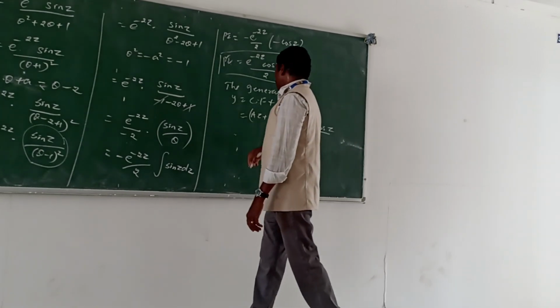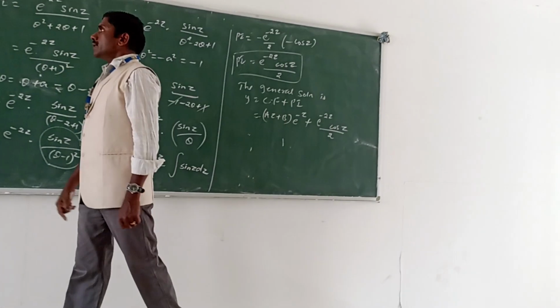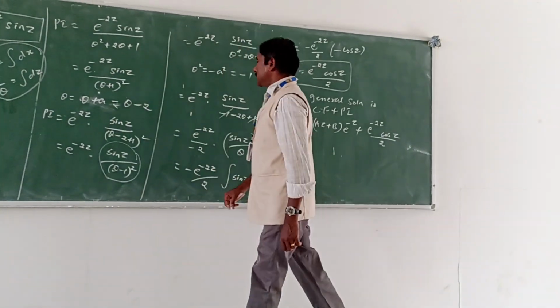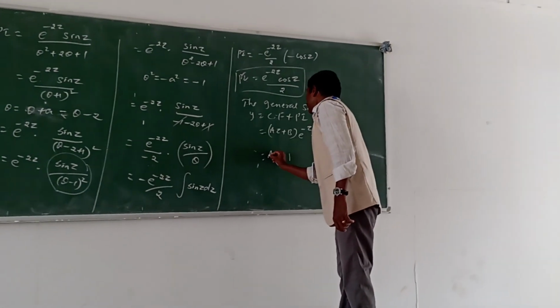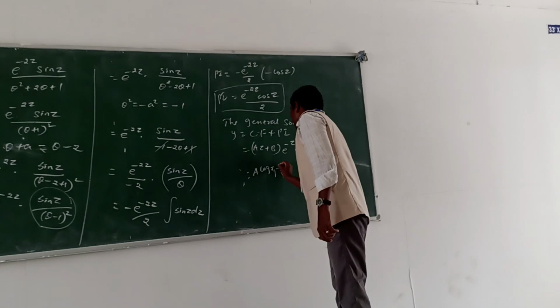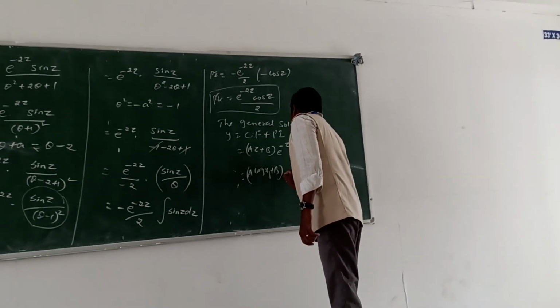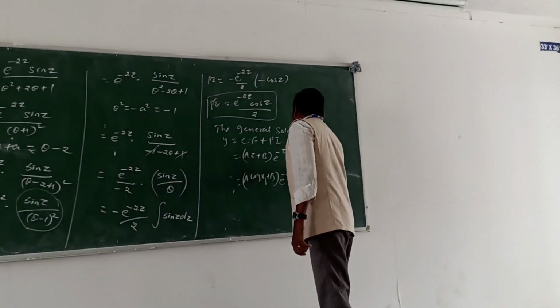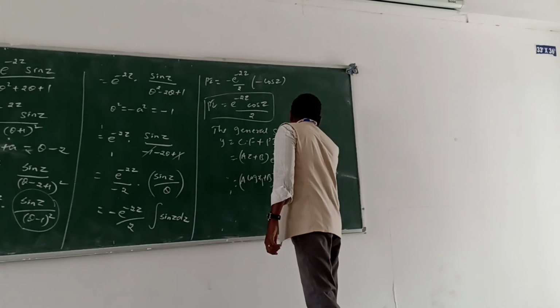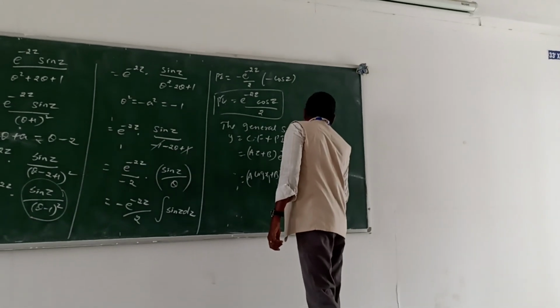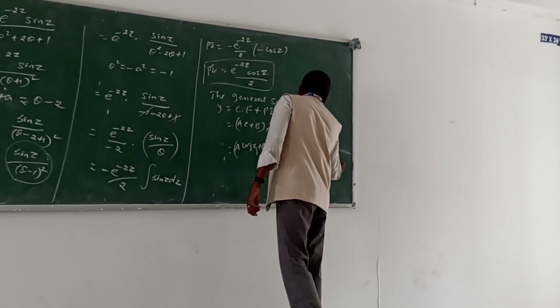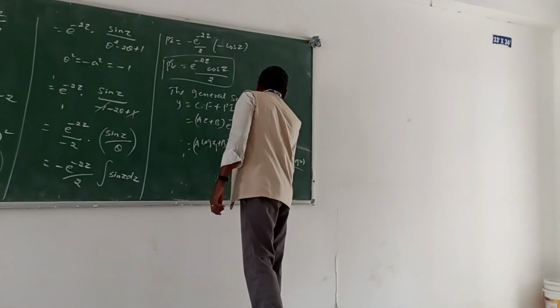And finally substitute z equal to log x, x equal to e power z: (A log x plus B) into e power minus log x plus e power minus 2 log x into cos of log x divided by 2.